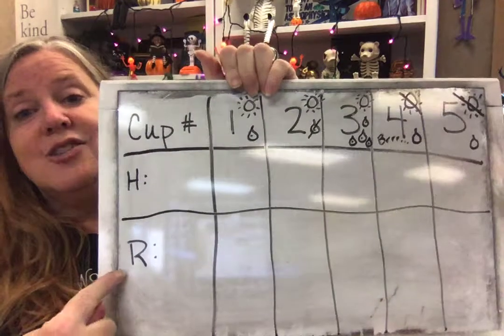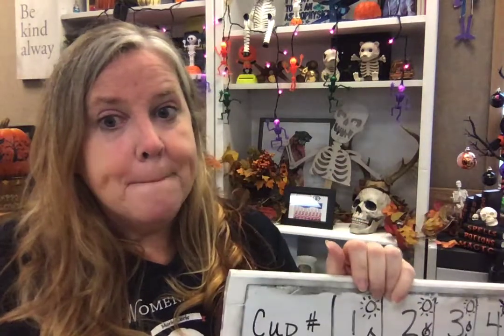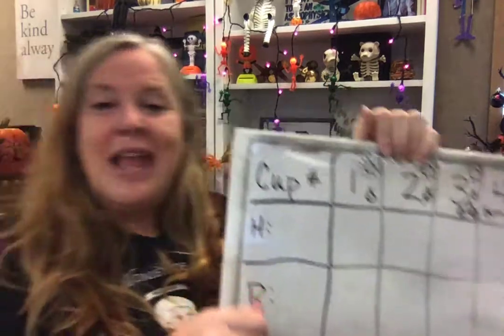But my data sheet is all ready. So if you want to do this at home, go ahead and get a piece of paper. You can stop the video and I'll wait for you, frozen in time. Like that. Anyway, here are the conditions that the seeds will be put in.